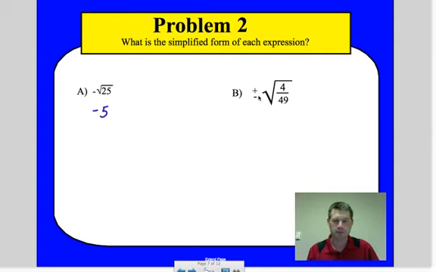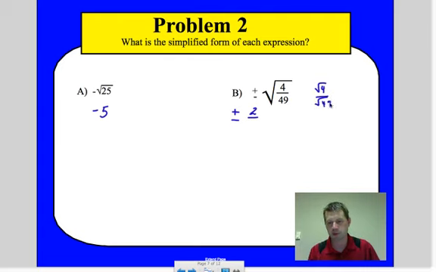In part B, it's a plus minus. This may be the first time you've ever seen this. That means we want both the positive and negative answers, so we're going to put plus and minus. The square root of 4 is 2. And again, top and bottom, so we say the square root of 4 over the square root of 49, or radical 49.